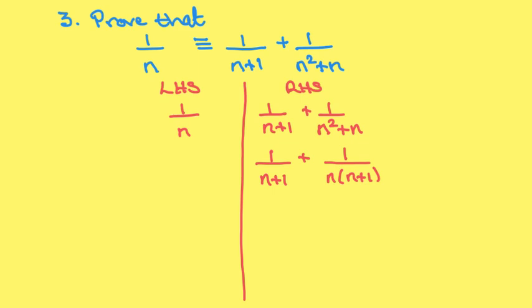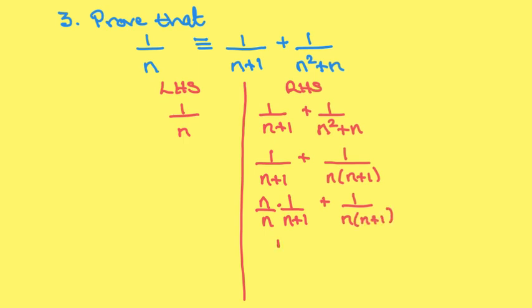If I multiply the first fraction by n over n, I get n over n times 1 over n plus 1. N over n is just like multiplying by 1. Plus 1 over n(n + 1).